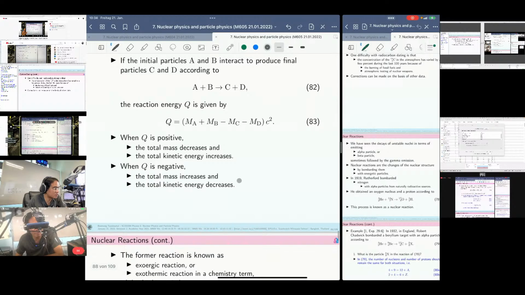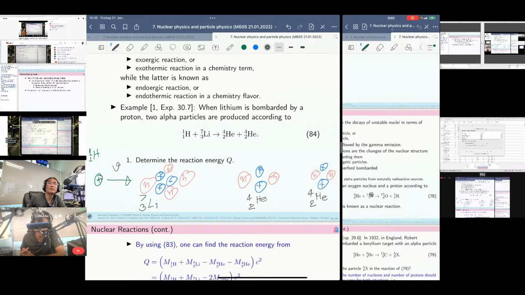They accelerated the proton to hit the lithium nucleus, but Rutherford accelerated the alpha particle to hit nitrogen 14. The outcome is oxygen 17, not oxygen 16, together with a proton.